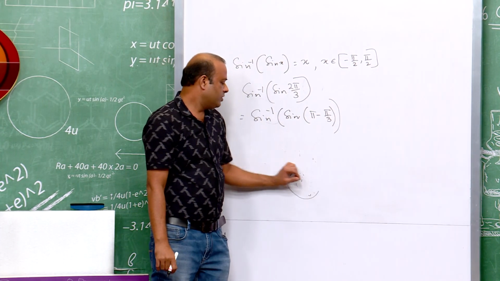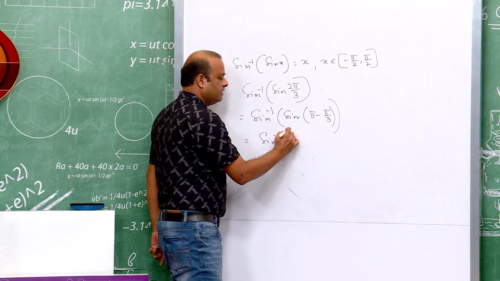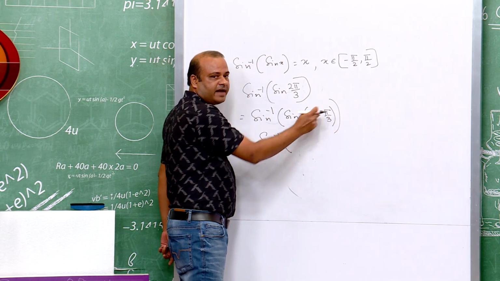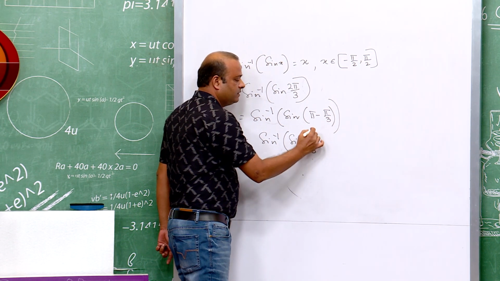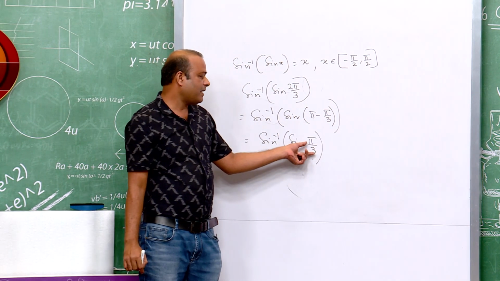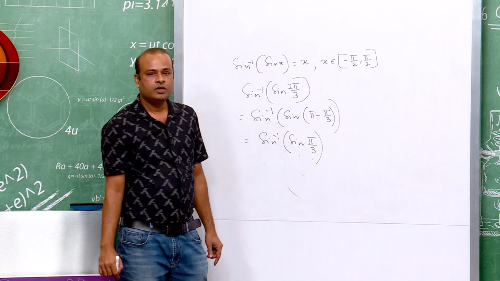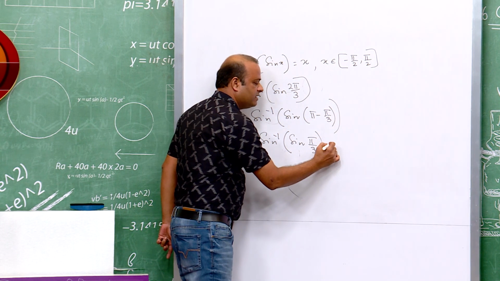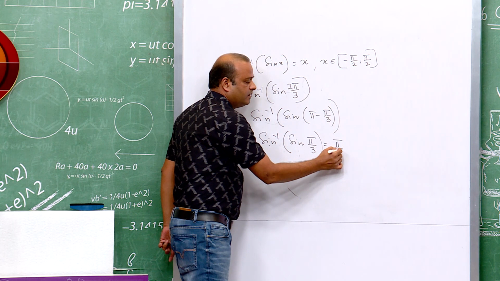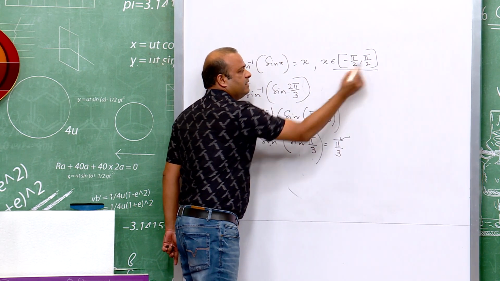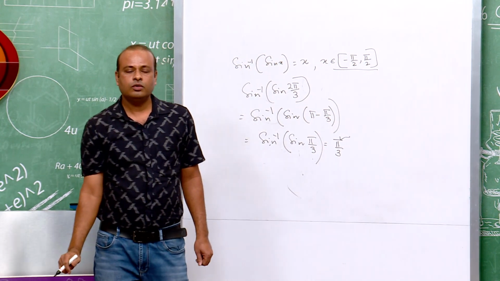So now you know sin inverse sin of pi minus theta is sin pi by 3. Now you can see that pi by 3 is within minus pi by 2 to pi by 2. So now you can write sin inverse sin x is your x, because this x is in the closed interval of minus pi by 2 to pi by 2.